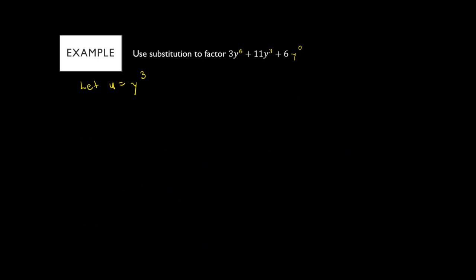Then to double check that this is working out correctly, you need to square both sides. So if I square u, that gives me u squared, but then I also need to square the y cubed. Your rules of exponents say you multiply those. 3 times 2 is 6.